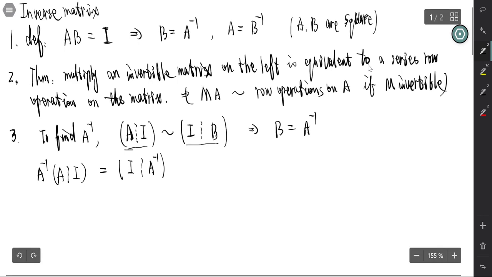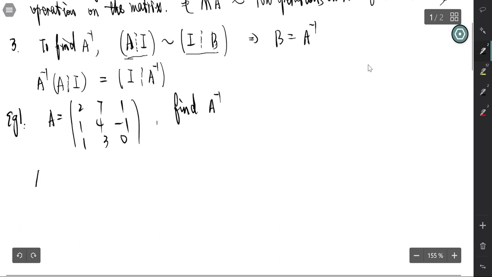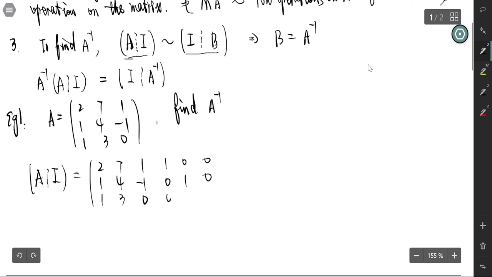Now let's see an example. A equals 2, 7, 1; 1, 4, negative 1; 1, 3, 0, and then find the inverse of A. So we use this trick, A and I, that is 2, 7, 1, 1, 0, 0; 1, 4, negative 1, 0, 1, 0; and 1, 3, 1, 0, 0, 1.